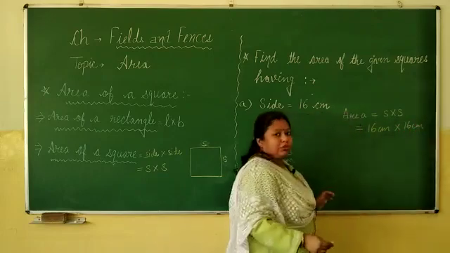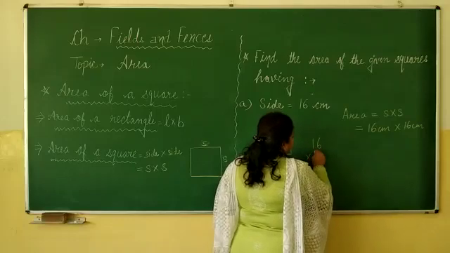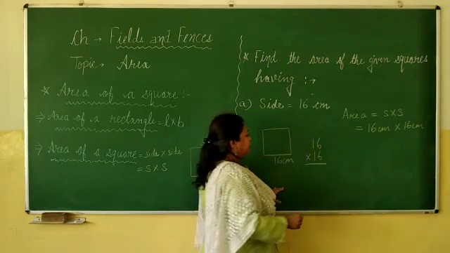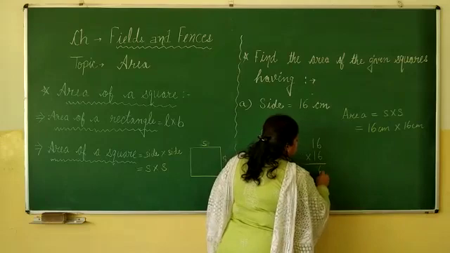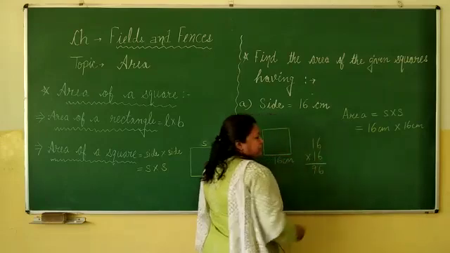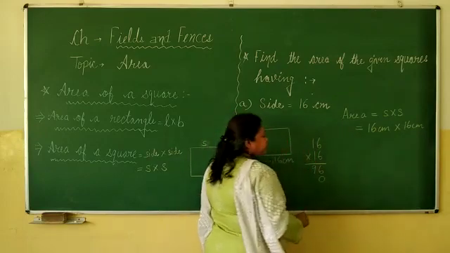Got it? So you can multiply 16 by 16 by the column method of multiplication. Let's do it. 6 6s are 36. 3 is carried over. And 6 1s are 6 plus 3 is 9. We'll put a 0 here.